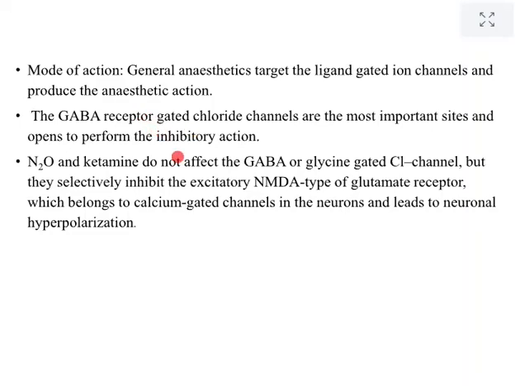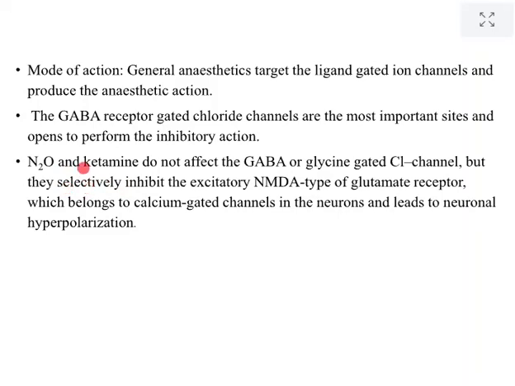And nitrous oxide and ketamine do not affect the GABA or glycine-gated chloride channels, but they selectively inhibit, as we have said, the excitatory NMDA type of glutamate receptor, which belongs to calcium-gated channels in the neurons and leads to neuronal hyperpolarization. So they will bind these channels, they will inhibit the release of calcium, and they will also bring about hyperpolarization.